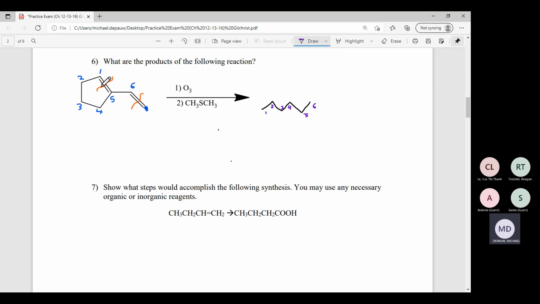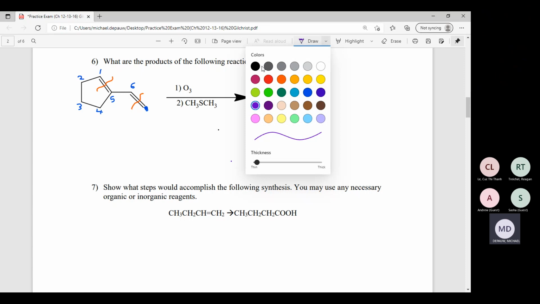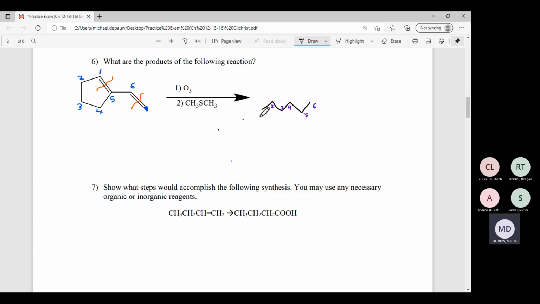Now here's the thing. Carbon number 1 had a double bond, right? So now carbon number 1 has a double bond O. But this is going to be an aldehyde because you only get the carbonyl. You don't get anything else. The hydrogen that was there before, it's still there.